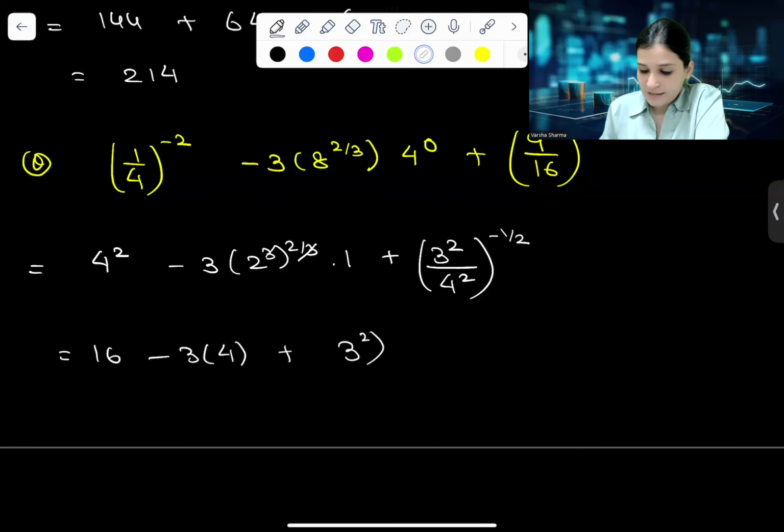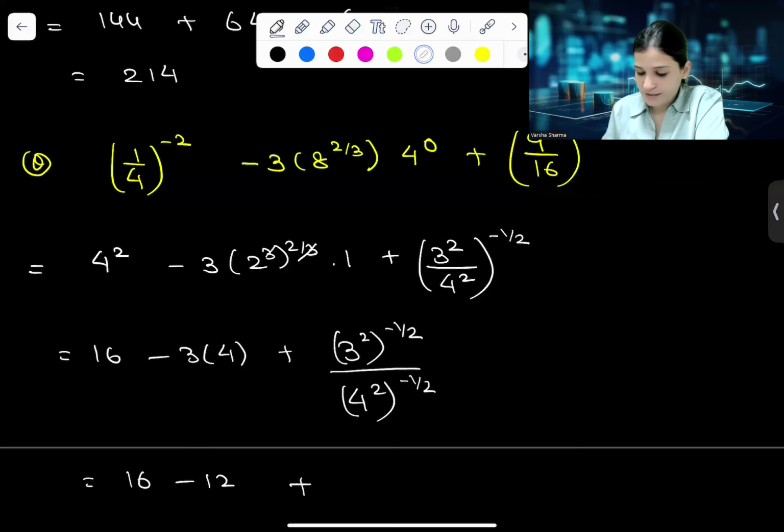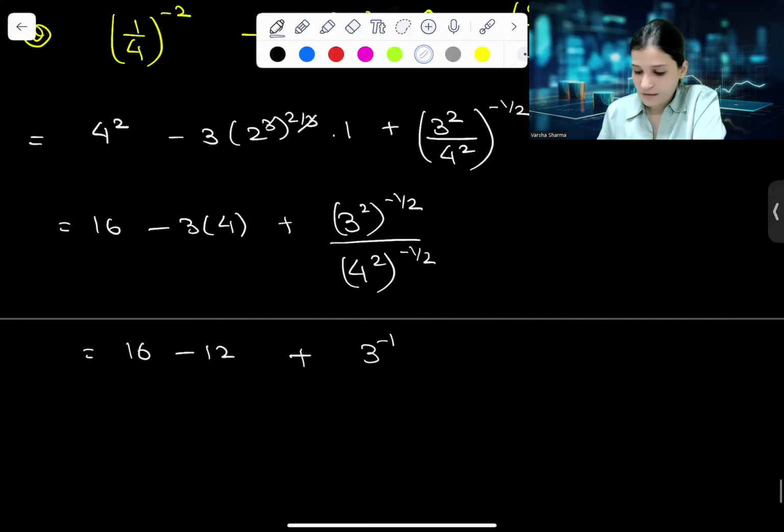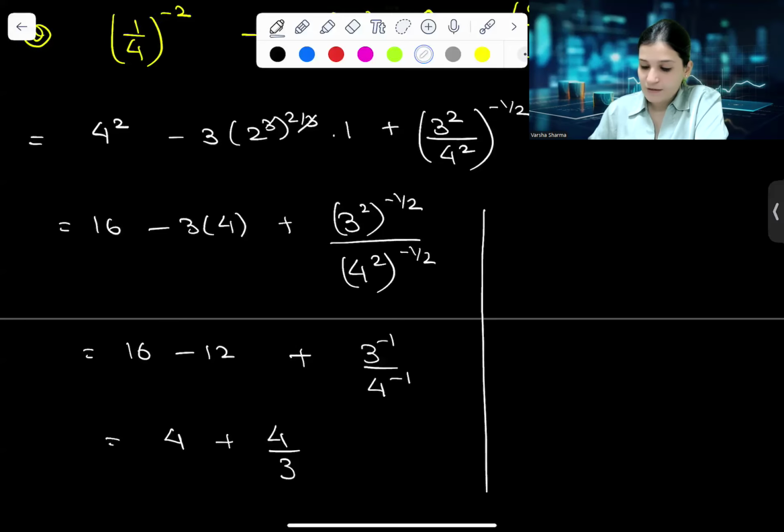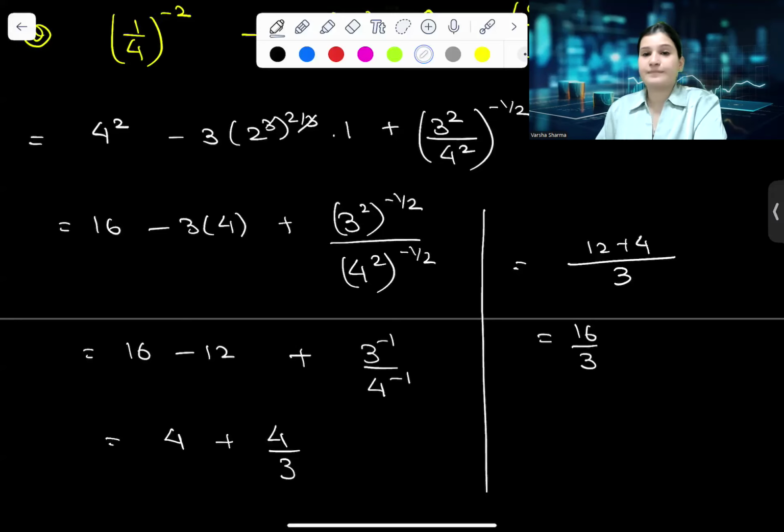If I give them their brackets, open the bracket, the power goes to both the numbers. So 16 minus 12 plus 3 power minus 1 upon 4 power minus 1. To make their powers positive, I swap them. So now LCM is 3, 12 plus 4. So 16 upon 3. Answer is 16 upon 3.